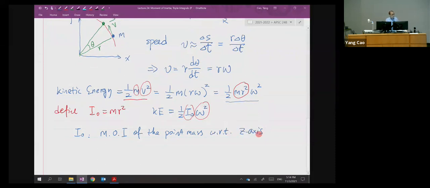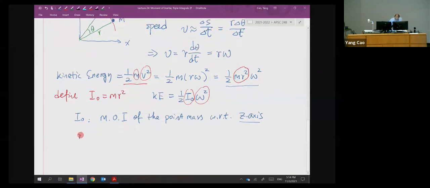So that is the formal definition of the moment of inertia of a point mass with respect to the z-axis, or a certain axis. The reason it is with respect to the z-axis is that the distance here, r, is the distance from the point mass location to the z-axis. You do need to be rigorous with this definition. The r here is not an arbitrary r.